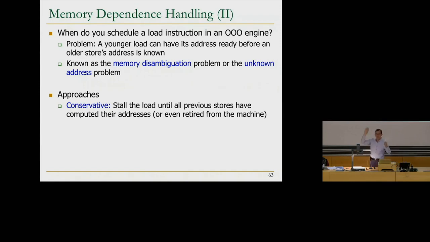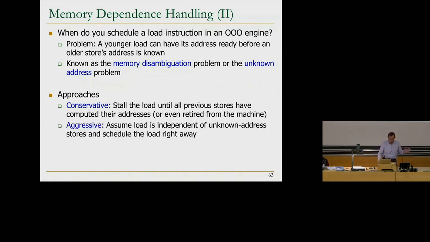And when all of them have computed their addresses, now you know which store you're dependent on. You need to do something to know that, of course, but you know. Or, if you're even more conservative, you just wait until all of the stores are out of the machine, meaning all of them have retired and updated the memory. But that takes even longer, as you can imagine. So this is the conservative approach, and this is terrible for performance.